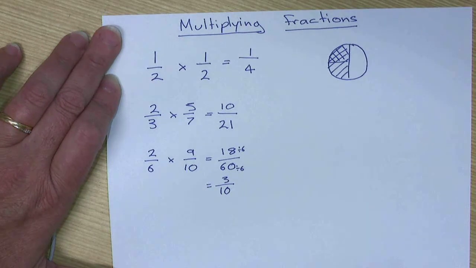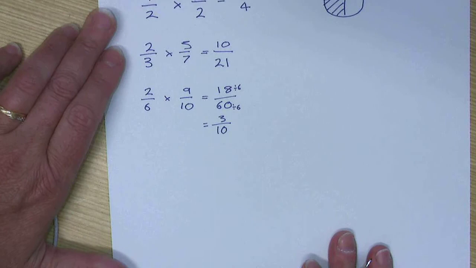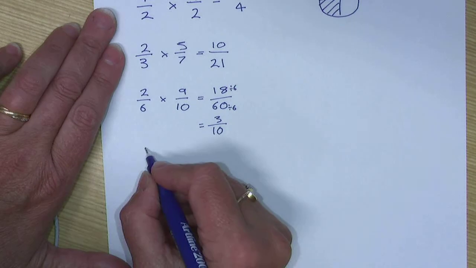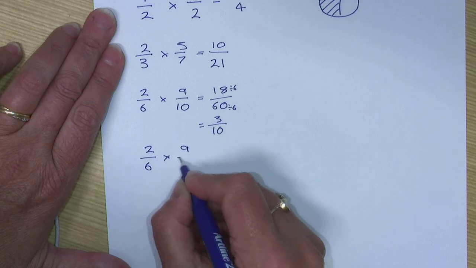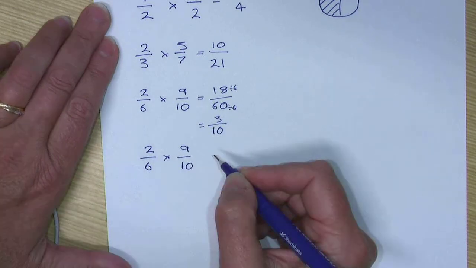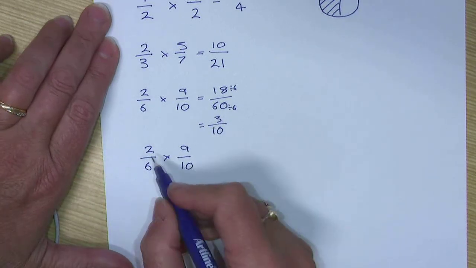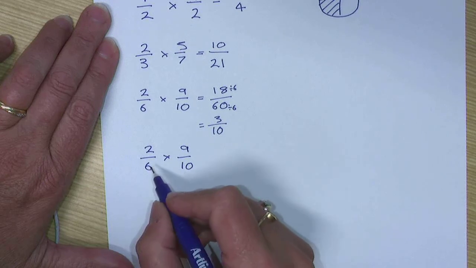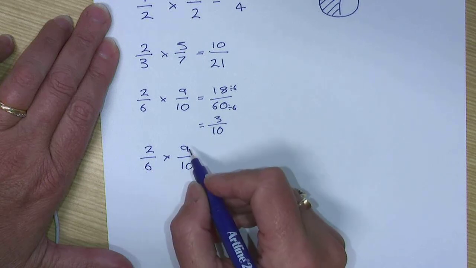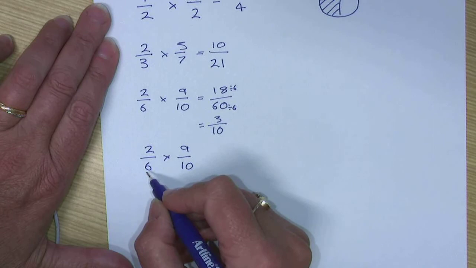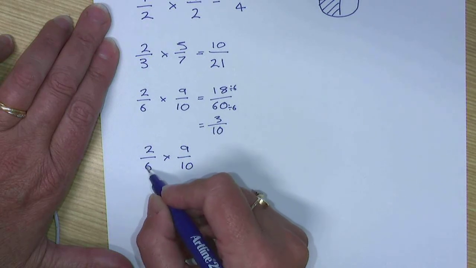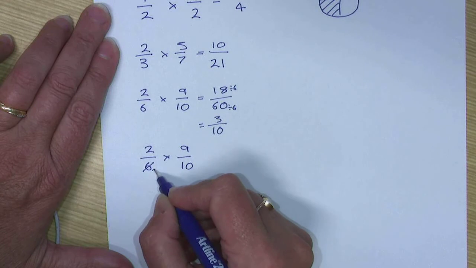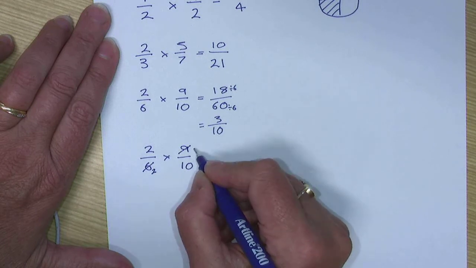There's another way I can do that, same sum. If I have 2 over 6 times 9 over 10, I can see that because I multiply, I can actually cross things out before we go. So 3 is a multiple of 6, so 3 goes into 6 twice, and 3 goes into 9 3 times.